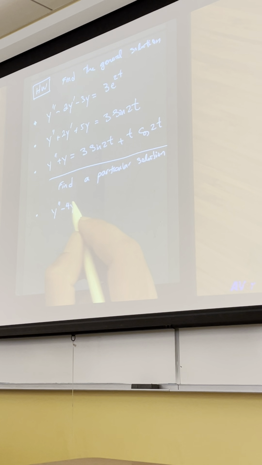Okay, so I'll give you a little bit more then. Alright, this is your homework. The first three are find the general solution, and the second to last is just the particular.